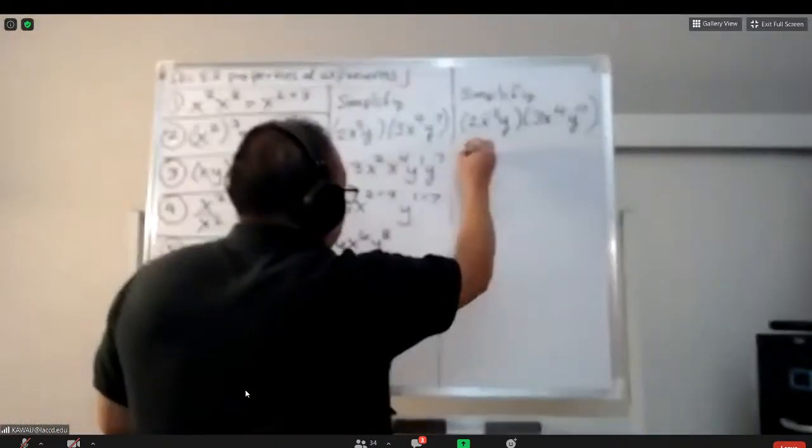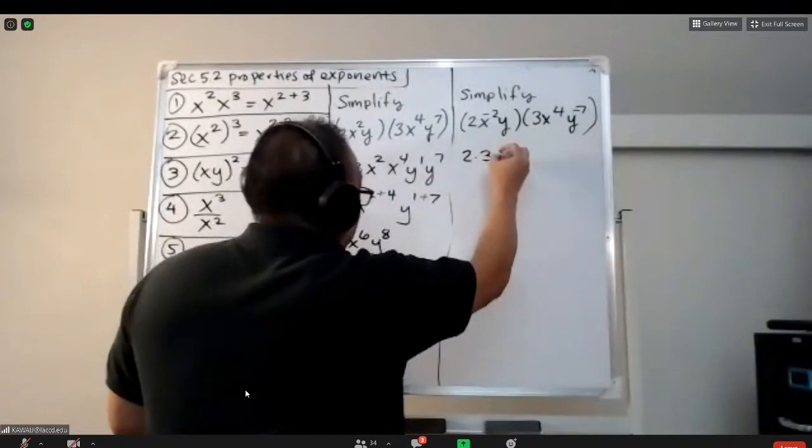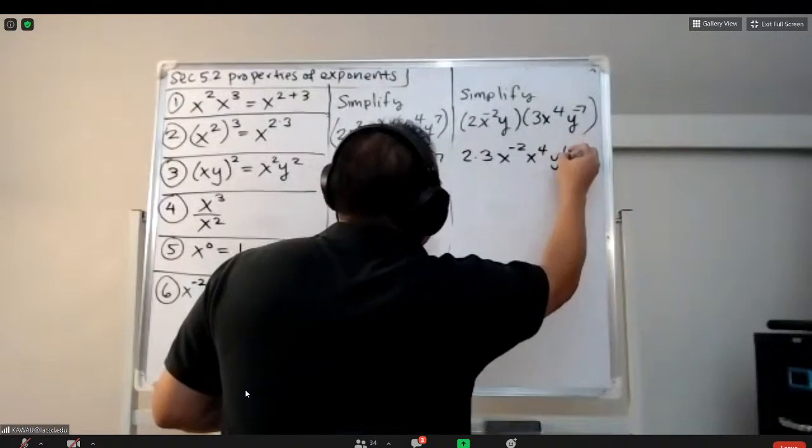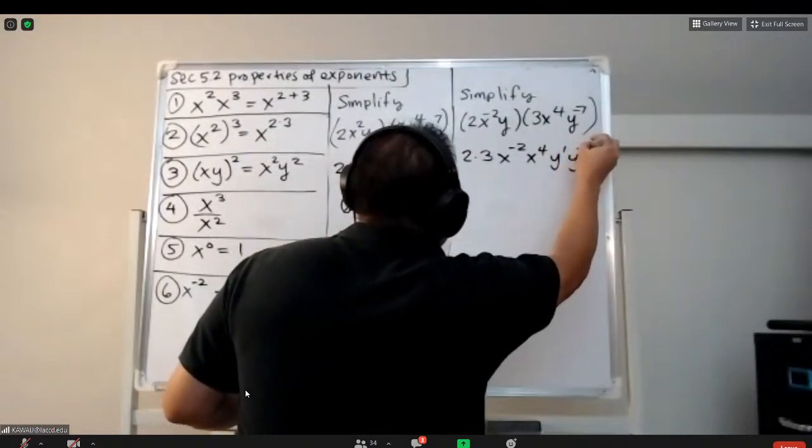So we have 2 times 3, x to the negative 2, x to the 4, y to the 1, y to the negative 7.